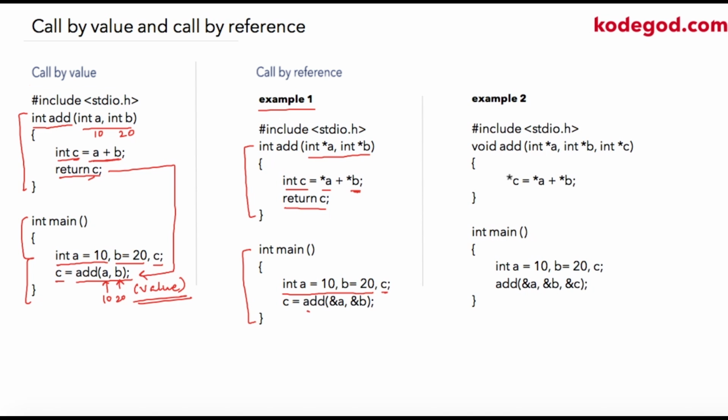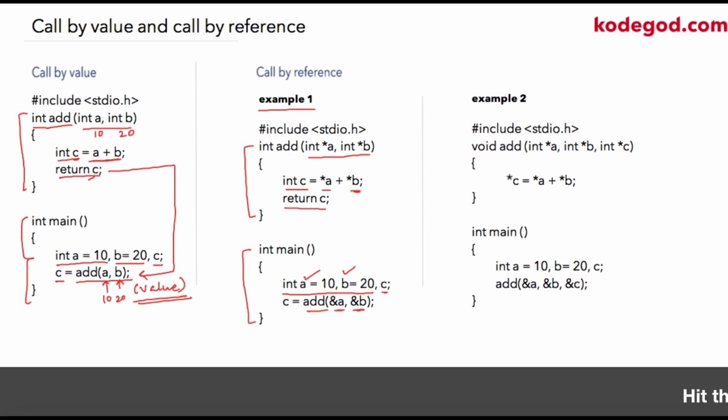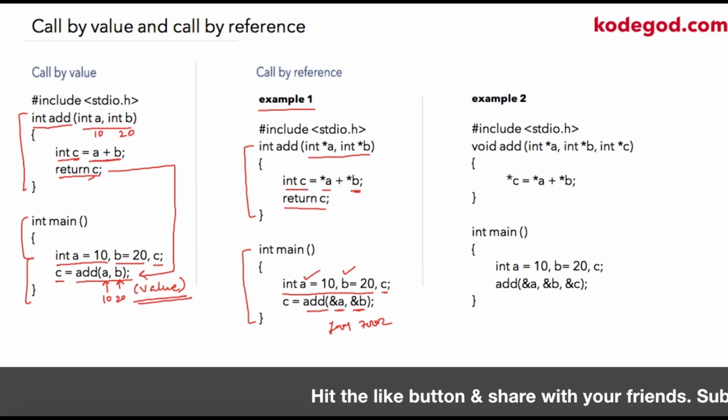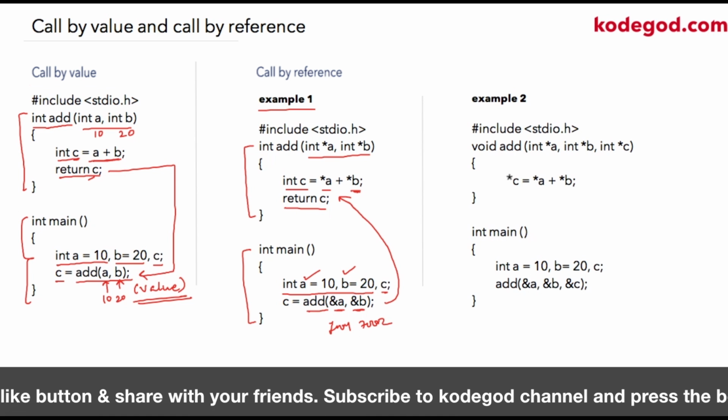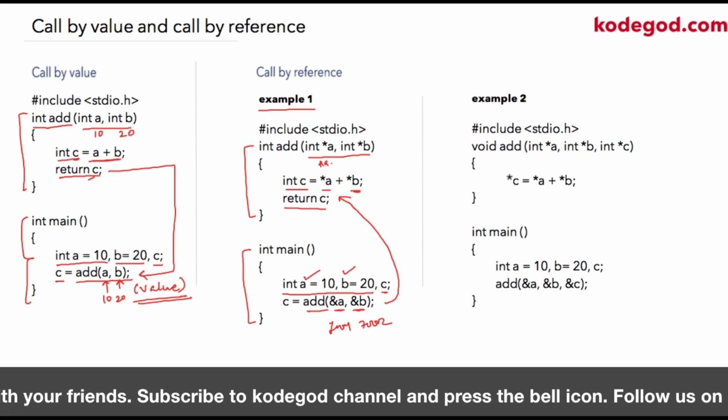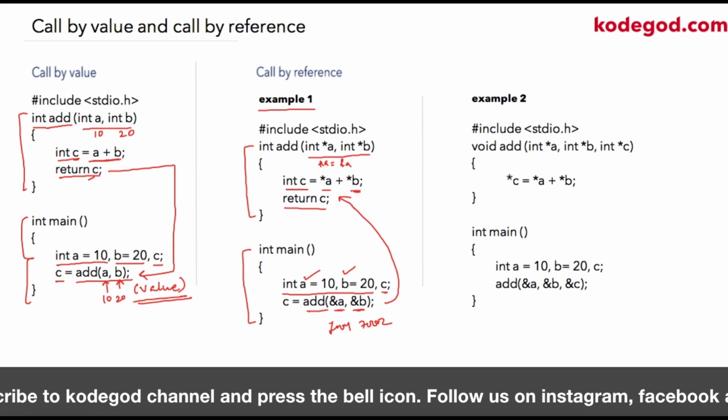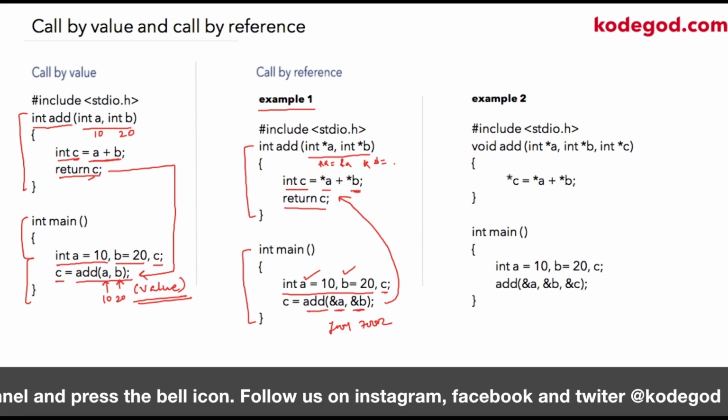So I'm calling my function add and I'm passing references of these variables. I'm passing addresses. So whatever the address location would be, like 7001 or 7002, that address will be passed here. So technically, what is happening is a will be equal to address of a and b equal to address of b.